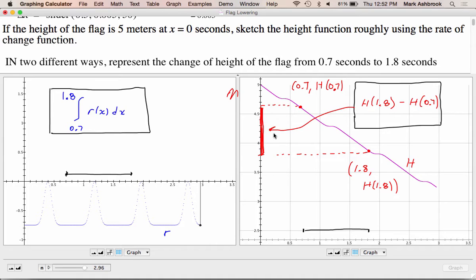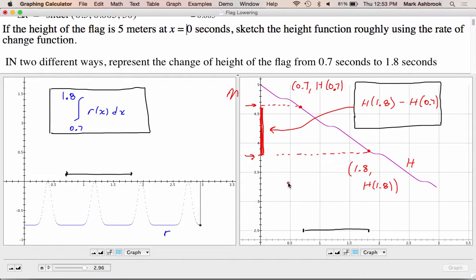You see that? Because this y-axis is our height, it started here, and then at 1.8 seconds it ended there, and so that bar shows us the change in height. It's a visual representation of that change in height.